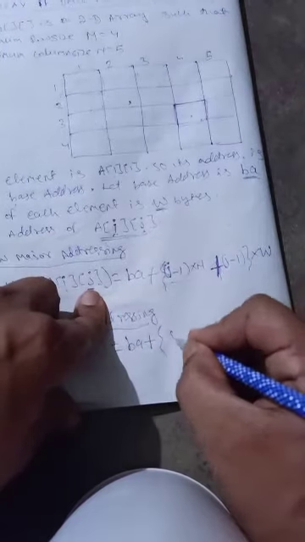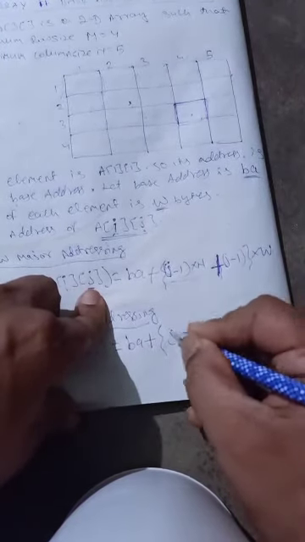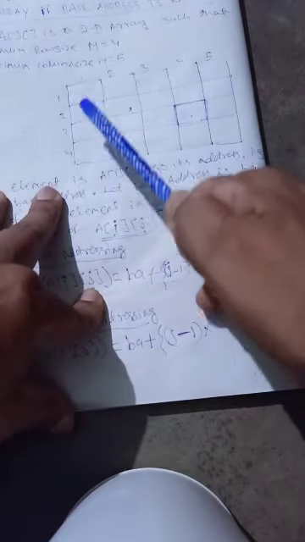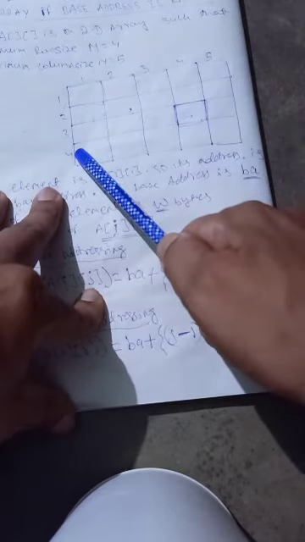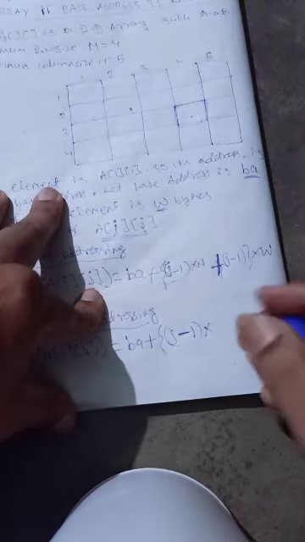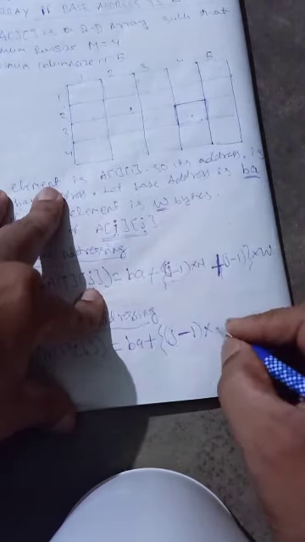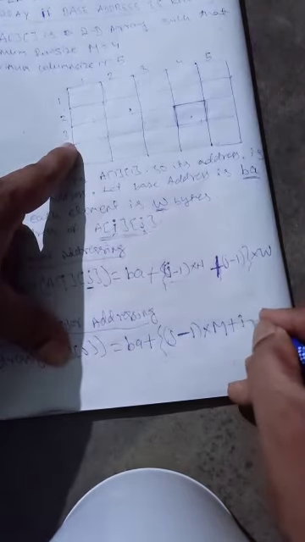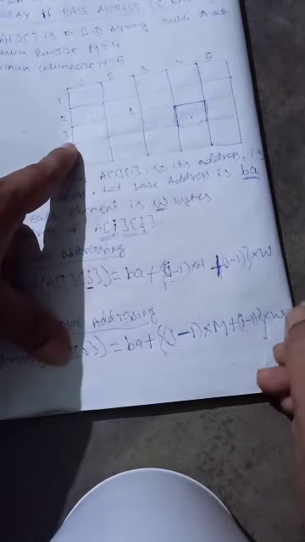So I have to say (J minus 1) into the number of elements per column. In each column there are 4 elements, so in 3 columns there will be 12 elements. So how many rows are there? Into m, (J minus 1) into m, because m is my maximum row size, plus the current row number of this cell, which is 3. How many rows are already completed? 2 rows are completed. So I will write (I minus 1), and after finding this, the whole thing into W.